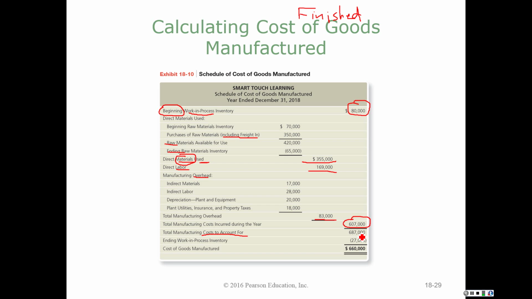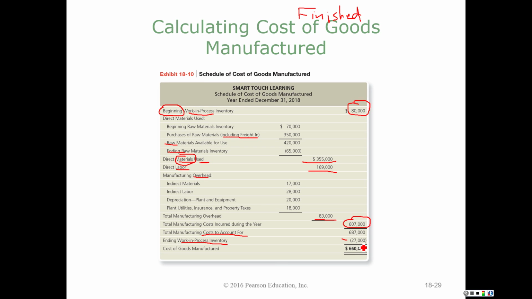However, what happens if we don't finish everything? Notice at the beginning of the period we had some inventory that wasn't finished. And also at the end of the period, we have some inventory that has not been finished. So if we subtract, right here, that's why we see it in brackets, I've got $687,000 in my production process, but $27,000 of my inventory is not finished.